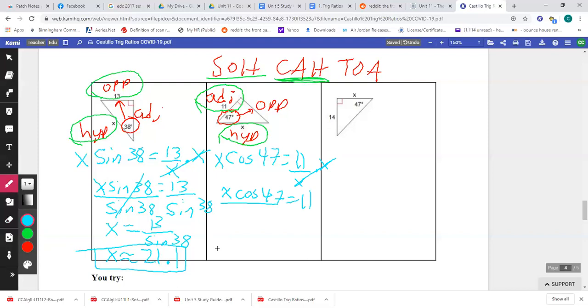Now I just divide both sides by cosine 47. So 11 divided by cosine 47 is 16.1.